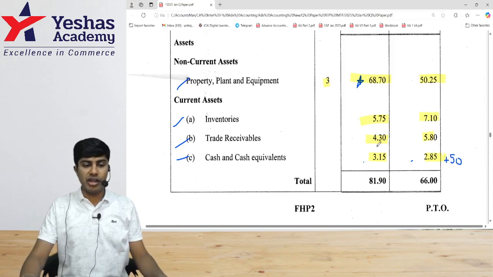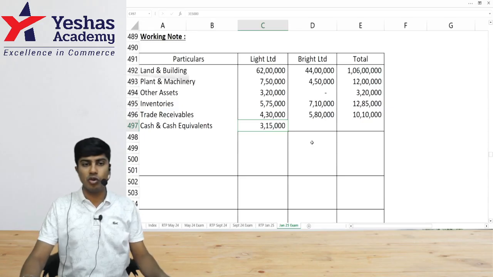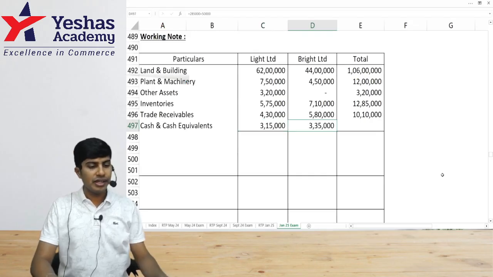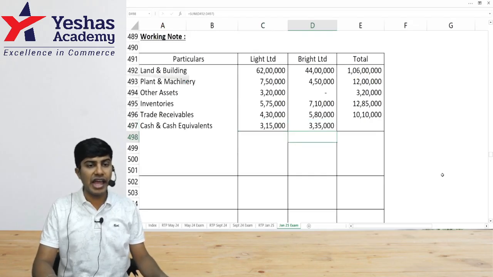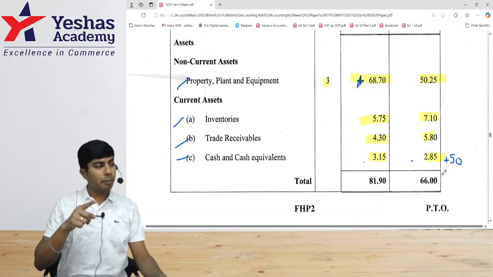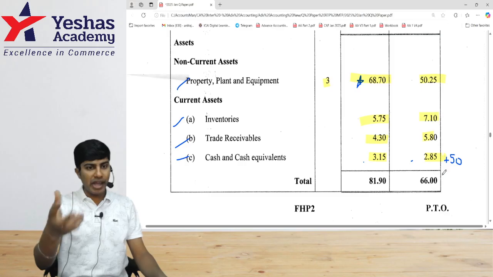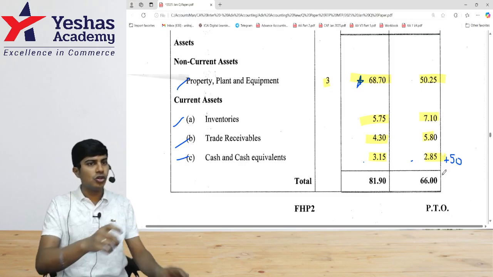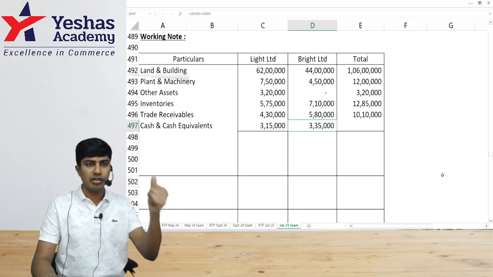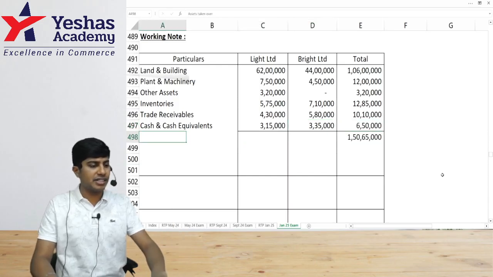So 3.15 plus 2.85 plus 50,000. How much is that? 3,35,000. We have taken over Bright Limited's cash balance of 2,85,000 plus Bright Limited sold other assets of 1.2 lakhs for 50, so that 50 we also took. So we took over 2.85 lakh plus 50,000, 3.35. Understood? Then if you take the total, this is the value of the assets taken over.